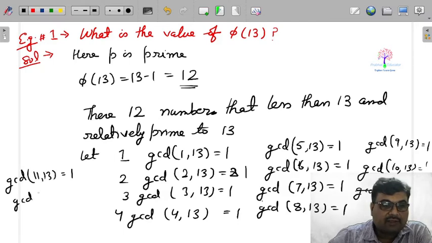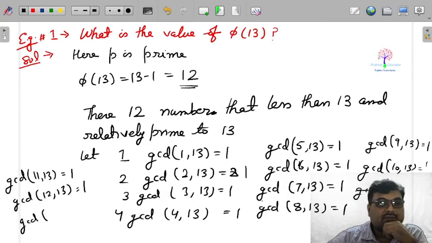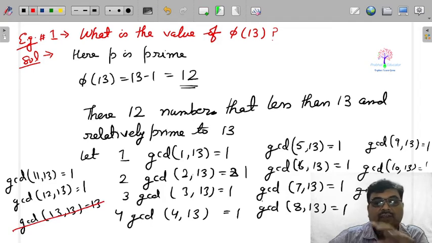And GCD of 12 and 13 gets 1. And the GCD of 13 and 13 is 13. Okay. So how many get 1 as GCD? There are 12 ones if you count. So it means there are 12 numbers that are less than 13 and relatively prime to it. In this way we find it.